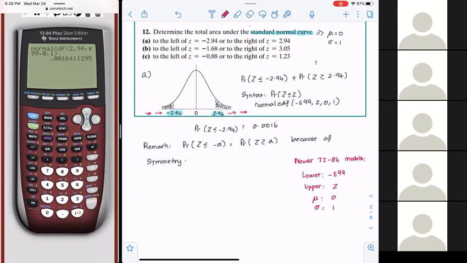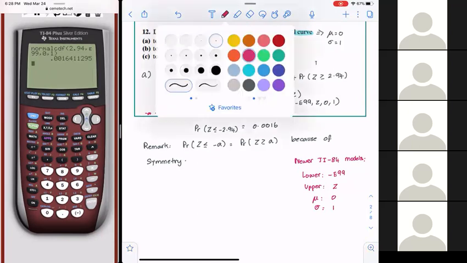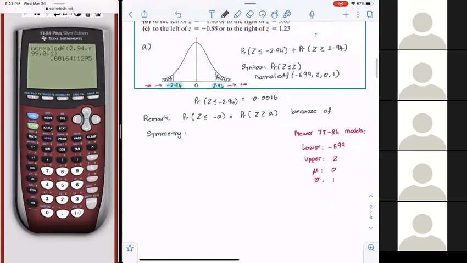And you can see that the probability we have, 0.00164, is the same value that we had previously. They are the same because we are looking at negative 2.94 and positive 2.94. So the probability of Z greater than or equal to 2.94 is 0.0016.